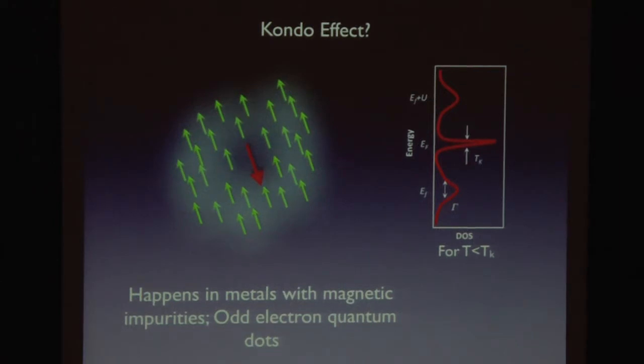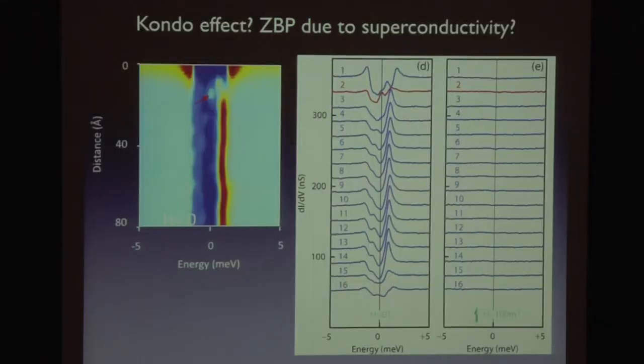So this could be an explanation for many of these experiments, especially if you're weakening superconductivity by putting magnetism or applying a magnetic field. So we just got rid of superconductivity by applying a very small magnetic field, which is just 100 millitesla. And once you close that superconducting gap, everything goes away.